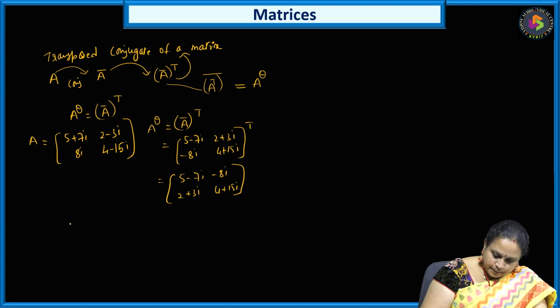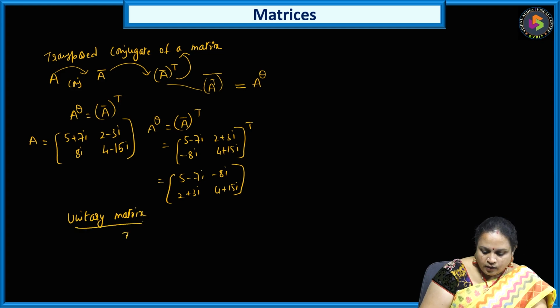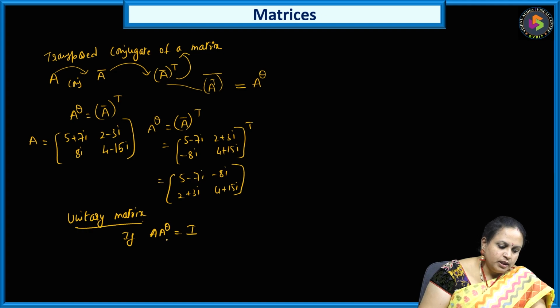And unitary matrix. If A into A power theta equals I, then we call the matrix A a unitary matrix.